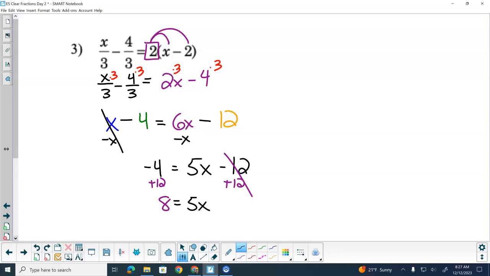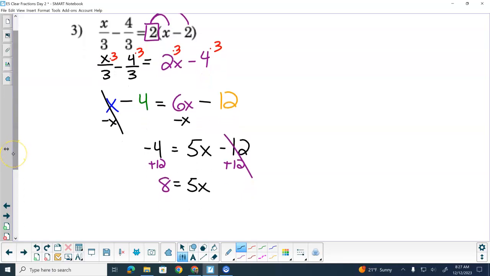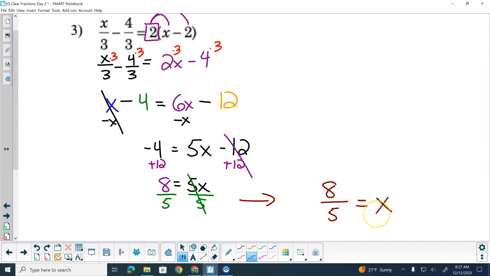And lastly, divide by 5. Once again, by clearing the fractions in step number 2, that makes it easier for us to solve, but that doesn't mean we're always going to get nice whole number answers. We can still get fractional answers.